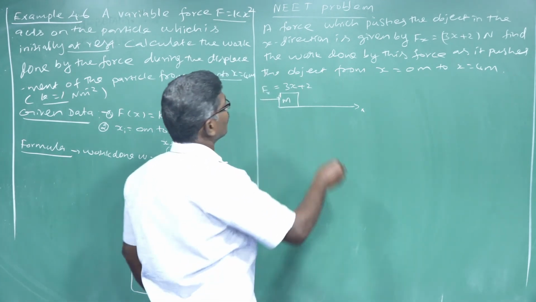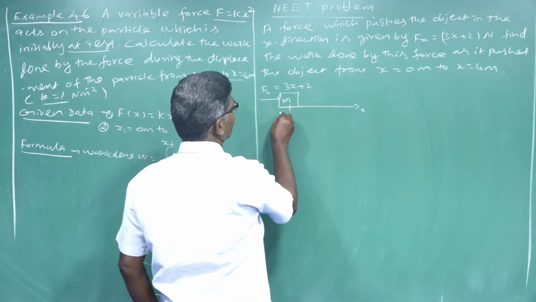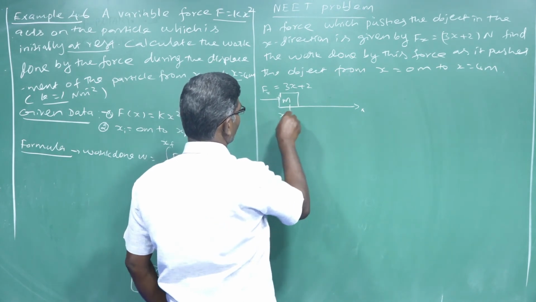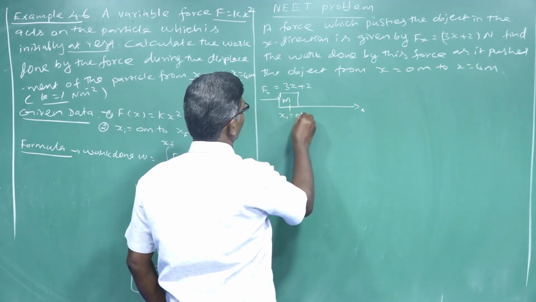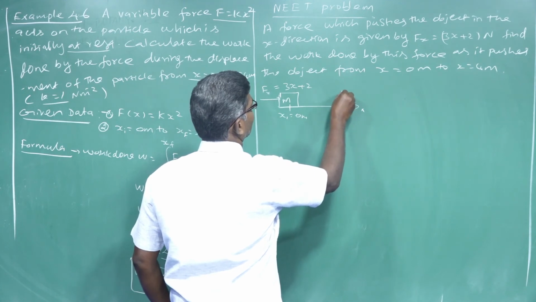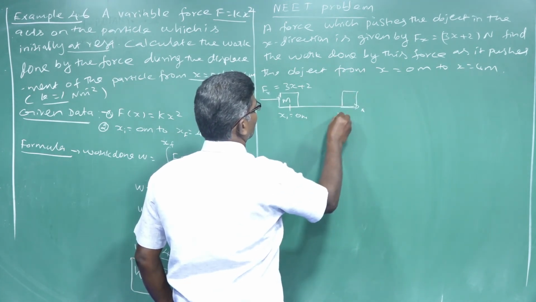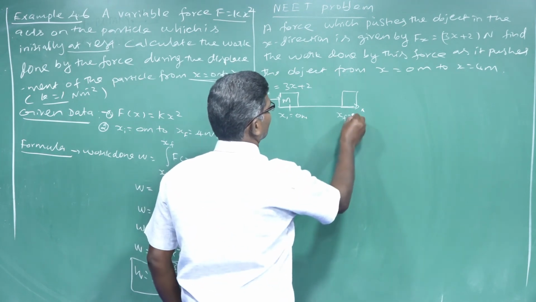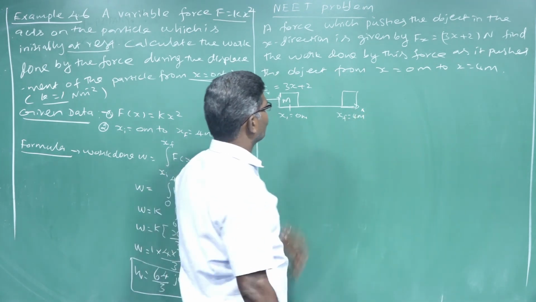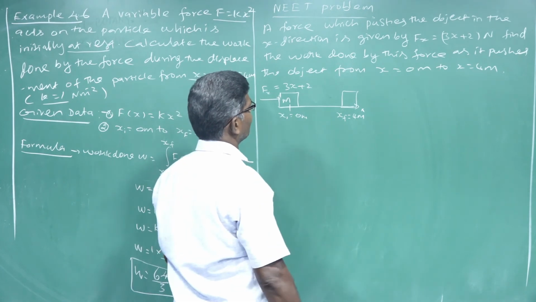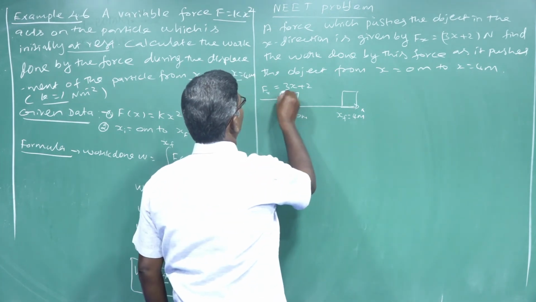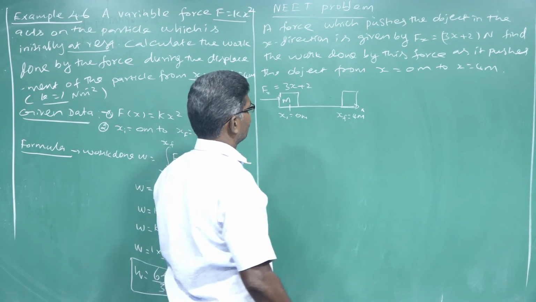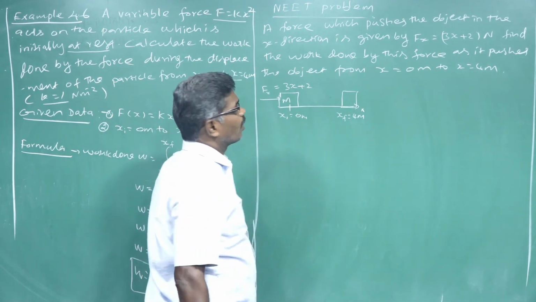Anyhow, the object moves from the initial position xi equal to 0 meter to a certain final position, Xf, which can be taken as 4 meter. The total displacement may be taken as 4 meter. Up to that, this variable force is acting. There we have work done.